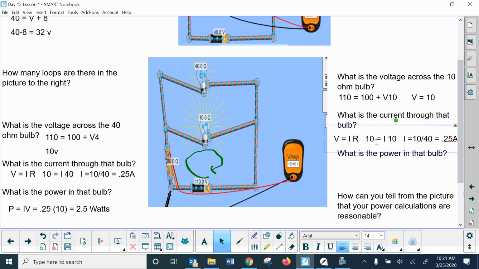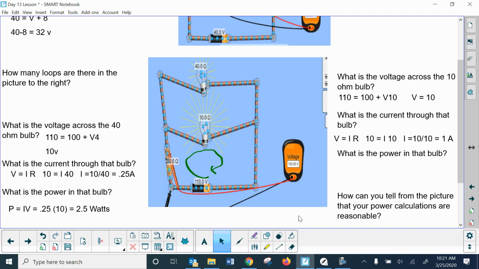So 10 equals I times 10, so it would be 10 divided by 10, which would be just 1 amp. So you got 1 amp of current going through this bulb, and you got 0.25 going through this one. That should make sense, because which one has more resistance? The 40 ohm light bulb. So that means it'll have less current, and the one with less resistance should have more current. That's what Ohm's law is about.